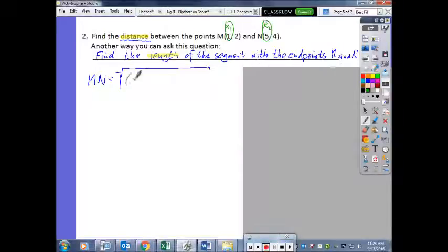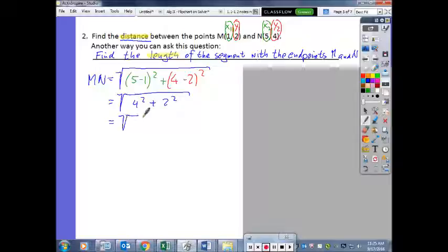So we got (5 minus 1) squared plus the distance between our y coordinates, (4 minus 2) squared, which will give us the square root of 4 squared plus 2 squared, which is the same as the square root of 16 plus 4, which is the square root of 20.